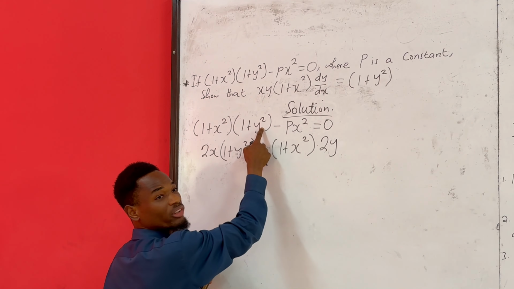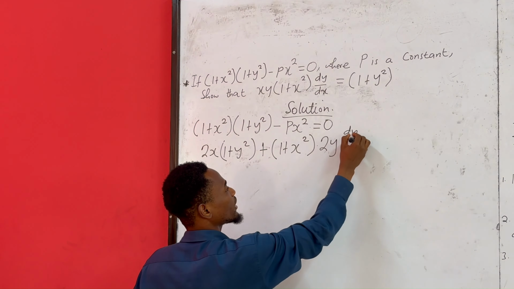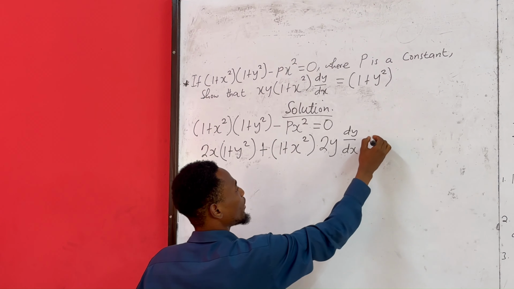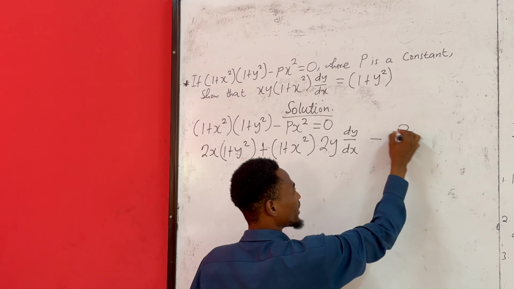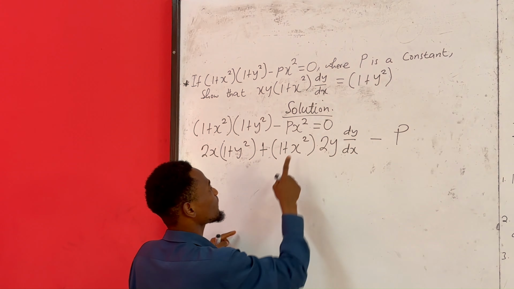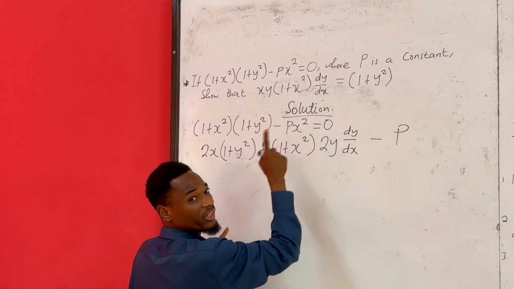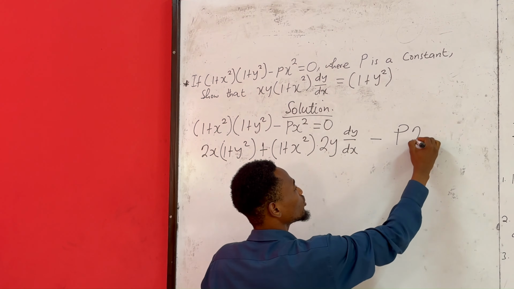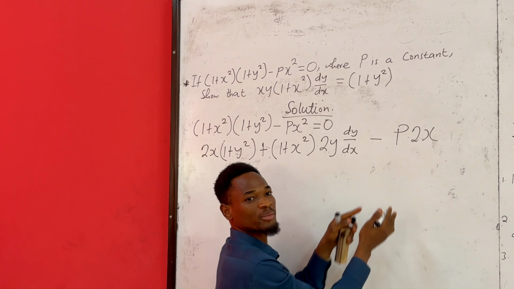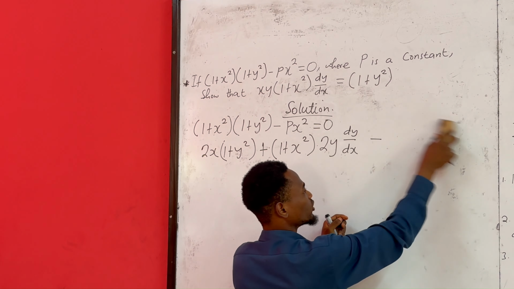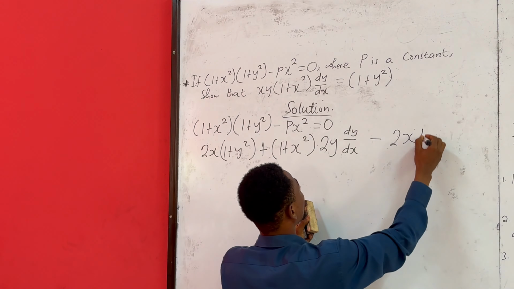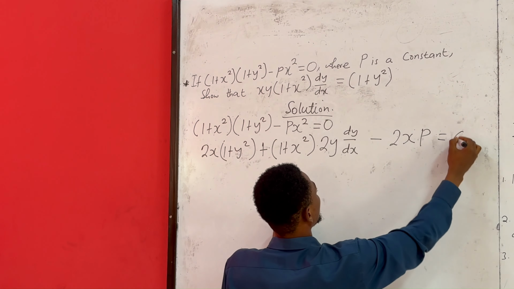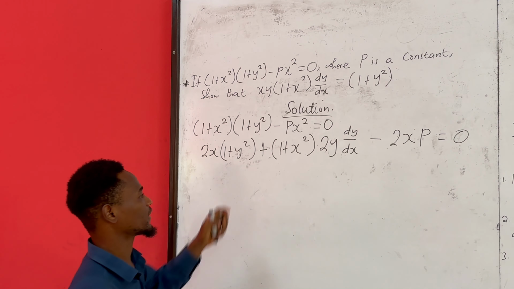Because it is a term containing y, I'll add dy over dx. Minus p, which is a constant, so p just remains. Then here, if I differentiate x², I'll have 2x, so 2x p, which is equal to 0.